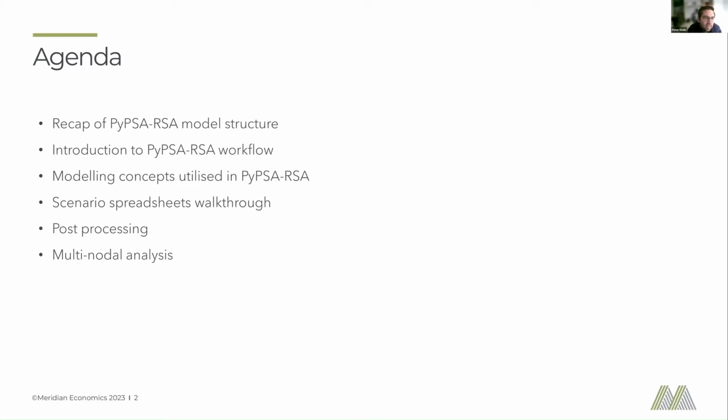I'll then take you through some scenario spreadsheets and basically how you set up a scenario, how you input that data, how you come up with different combinations of input assumptions, and then how you can run that through the model. Finally, we'll also look at a bit of post-processing, so how you can start to make some nice looking charts. And finally, where the model is heading to and some of the multinodal analysis that we've been working on.